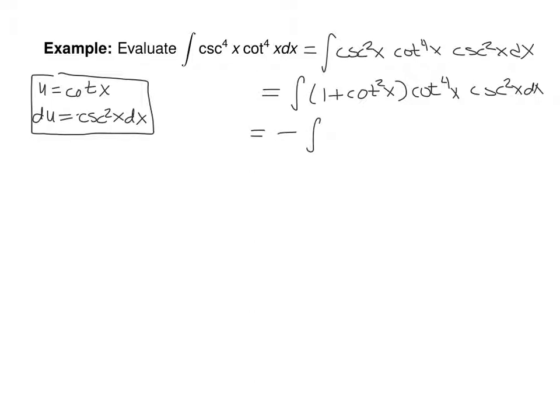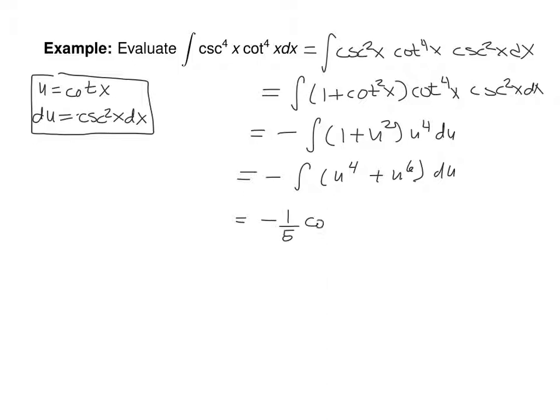Negative the integral, 1 plus u squared times u to the fourth, or negative the integral of u to the fourth plus u to the sixth. And then let's anti-differentiate and plug our u back in. So we'll have negative 1/5 cotangent to the fifth minus 1/7 cotangent to the seventh plus c.